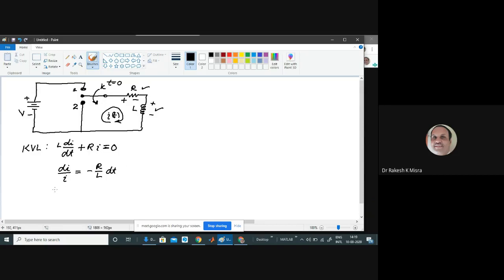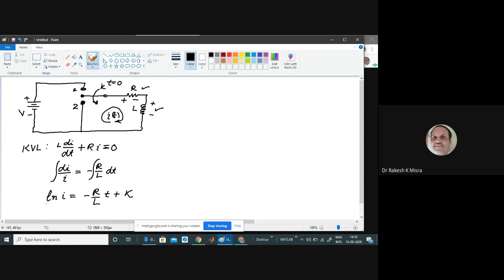And this can further be written as, we can integrate it now. So this will be integration. This will also be integration. And after integration, we will get log natural i, you all know it, will be minus R by L t plus a constant, integrating constant, k.